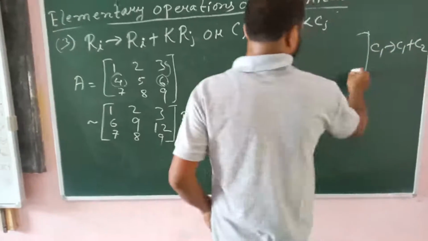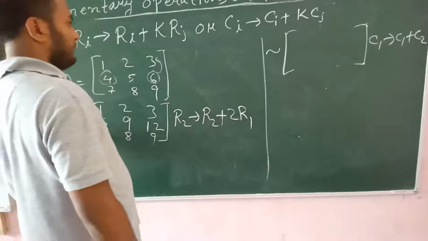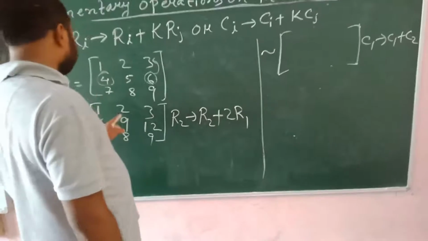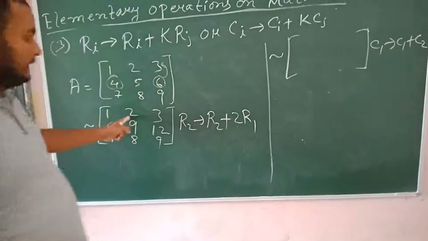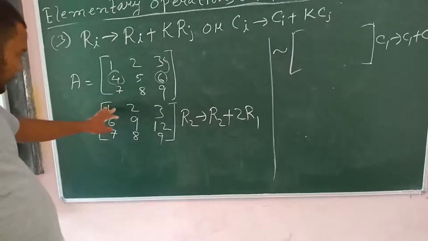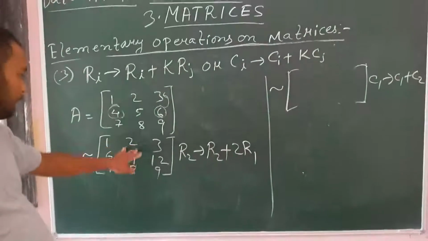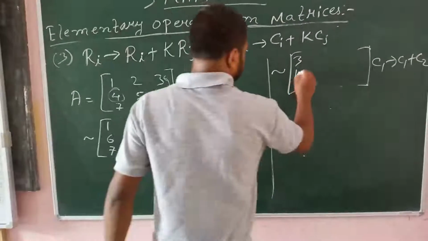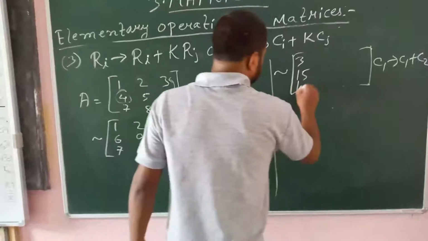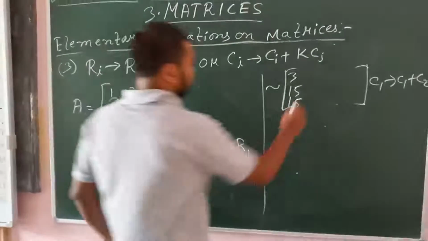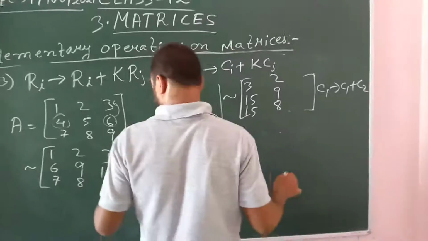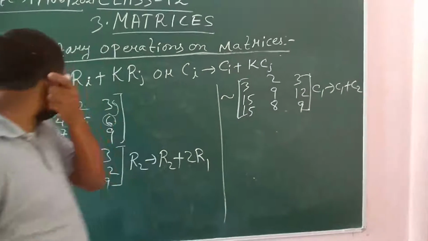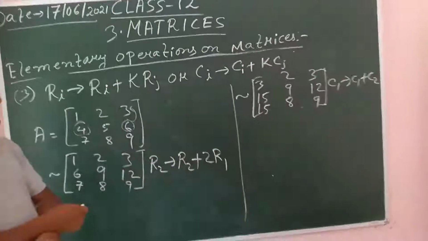C1 plus C2 means we add the column 2 elements to the column 1 elements. 1 plus 2 is 3, 6 plus 9 is 15, 7 plus 8 is 15, and columns 2 and 3 remain the same: 2, 3, then 9, 12, then 8, 9. So this is the third elementary operation on matrices.